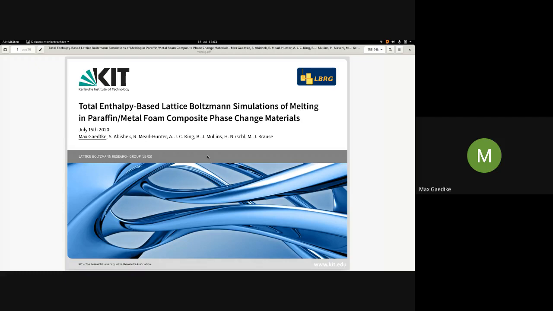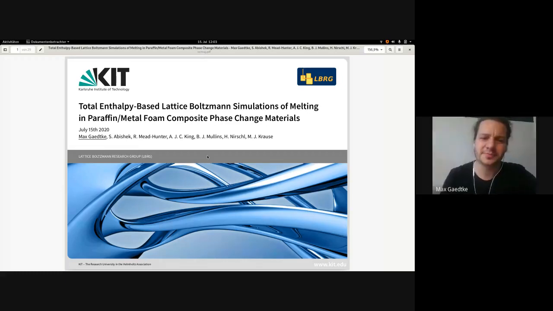My topic today is total enthalpy-based lattice Boltzmann simulations of melting in paraffin, metal foam composite phase-changing materials. As Giacomo introduced you to phase-changing materials already, this is an extension to work with the drawbacks of pure phase-changing materials.